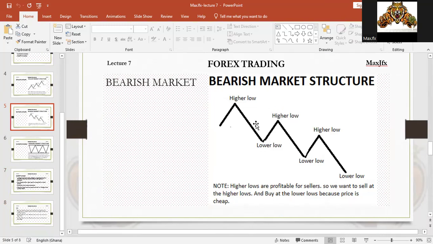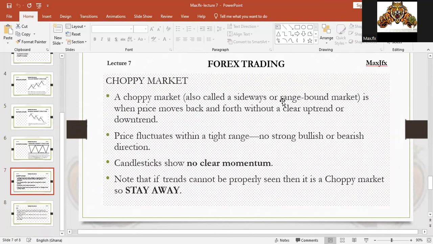I'm going to show you how to catch the lower highs, how to know that this is a lower high, so it's going to make this move. We are going to discuss all of that in lessons 8 and 9. That's very practical. And lesson 10 will be on risk management. The rest of the slides are going to be very practical so that you can trade the market with the information you have gotten.